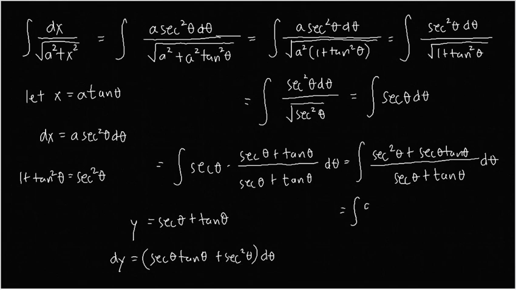So this will reduce to dy over y, and this will become the natural logarithm of y, which in turn is the natural logarithm of secant theta plus tangent of theta plus c. So we need to go back to our original variable, which is x.